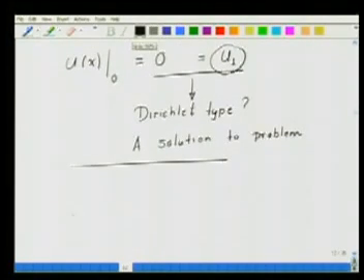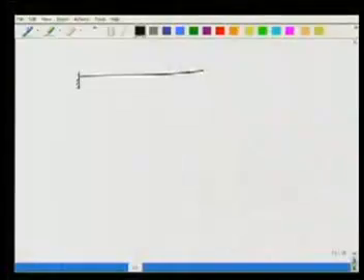Let's go to the next problem. Since we are playing with problems, here is a bar.